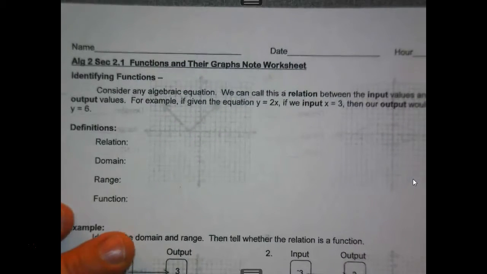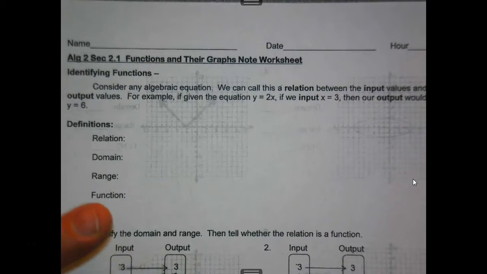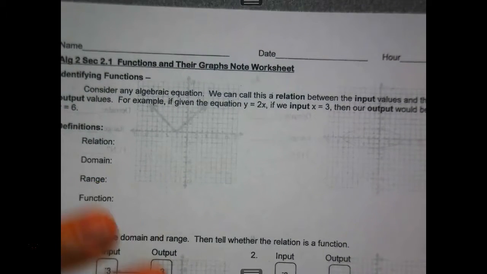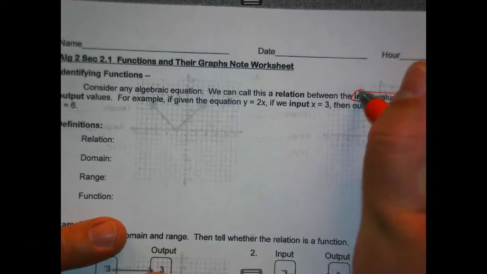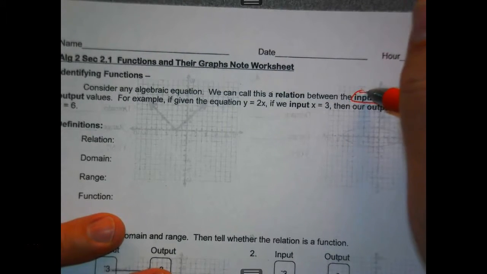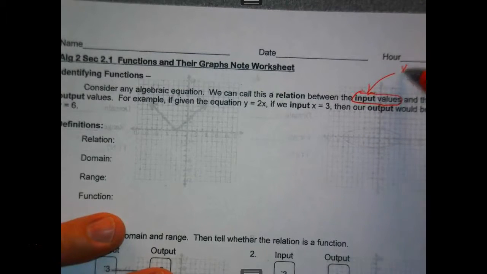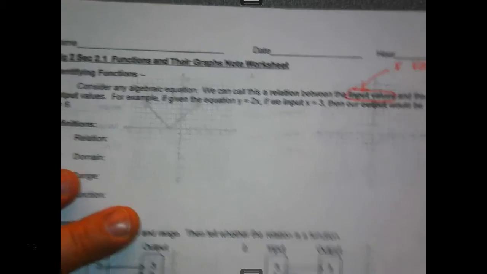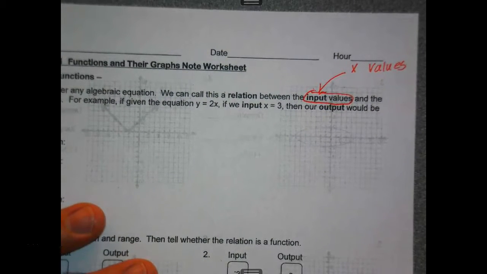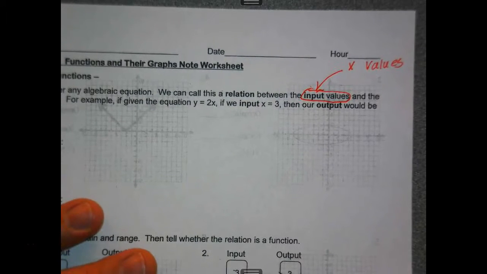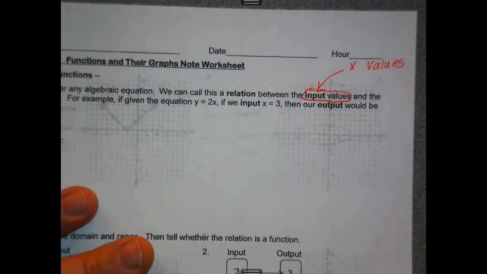Everybody remember that the input values in a function are what values? The input values are which ones? The ones that can have the x values. There are a lot of different names for these. The most common are going to be input values, x values.